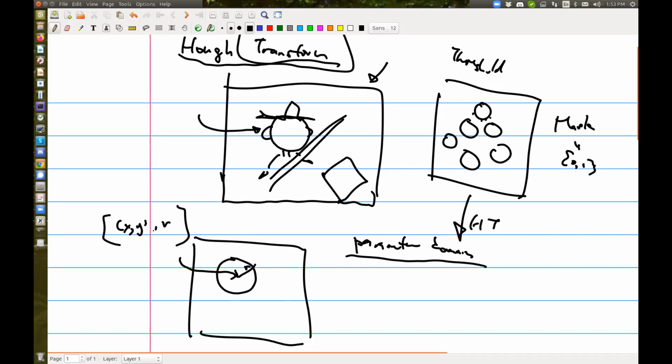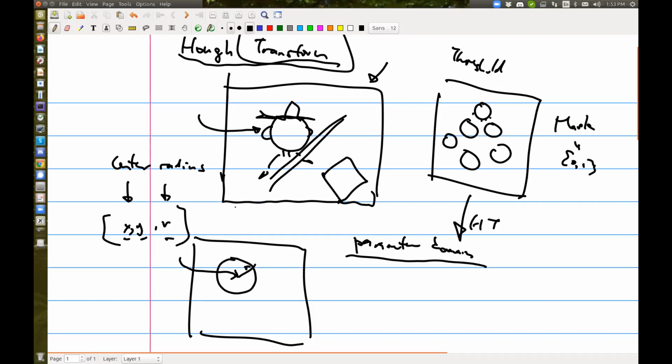So for any circle, I can parameterize it by these three parameters: X, Y, and R. X, Y are the center, and R is the radius, right? Let me simplify it even more.